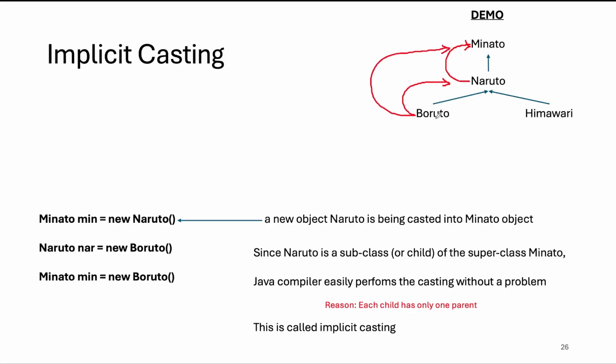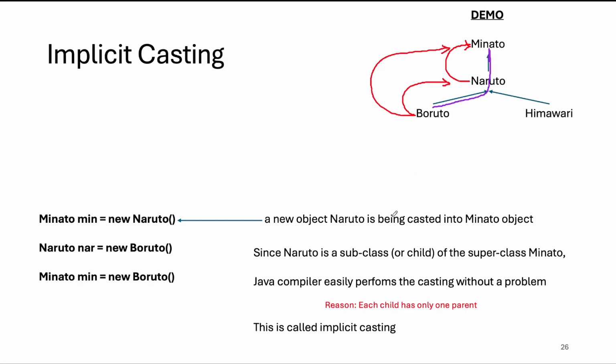Okay, so from down to up, we can cast because they are parent, grandparent, and so on. In this case, since a child can have only one father, the Java compiler can easily traverse and do the casting.